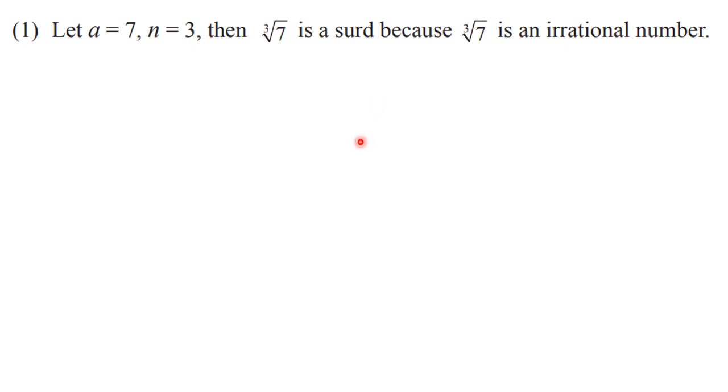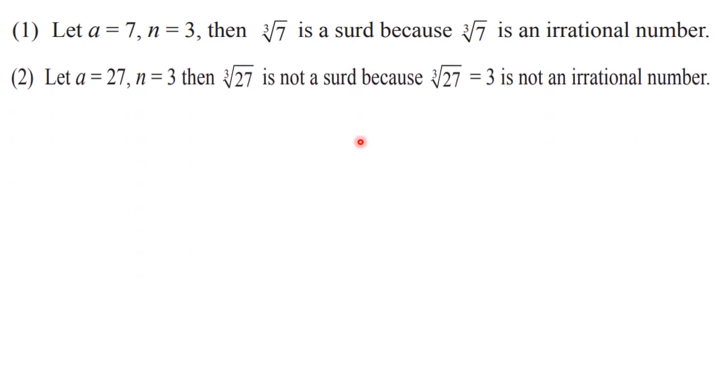Now let us take one more example. Second one: cube root of 27. Here we had cube root of 7, but now we have cube root of 27. Let us see the conditions. First of all, the order is 3, greater than 1. The first condition is satisfied. Inside, the value of a, the radicand, is plus 27, a positive rational number. The second condition also is satisfied. But you know that 27 is a perfect cube.